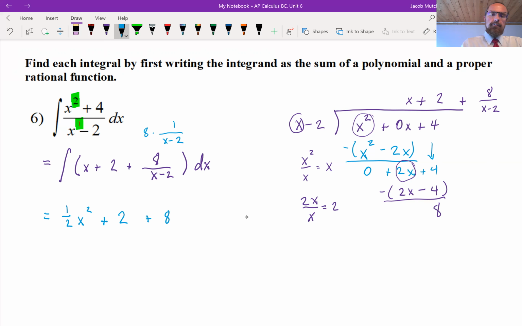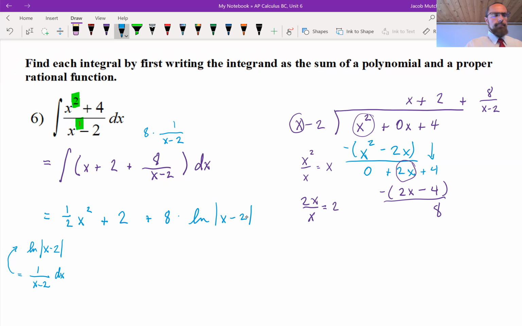And remember, if I've got 1 over x minus 2 as my differentiated version, my antiderivative is going to be the natural log of x minus 2. And that's going to complete this. So not plus there, that's times. So it's 8 times the natural log of x minus 2.